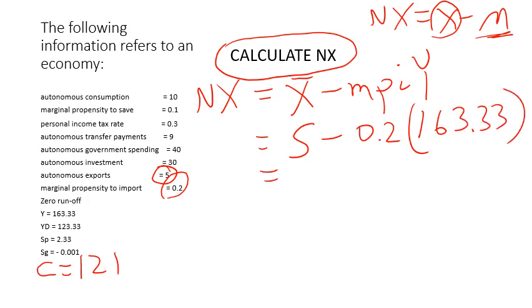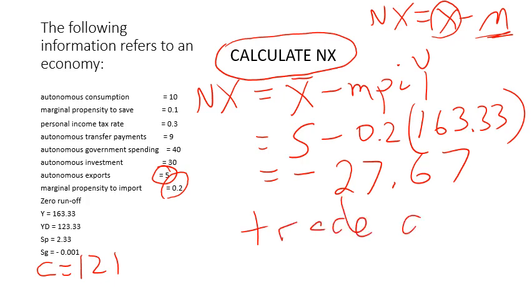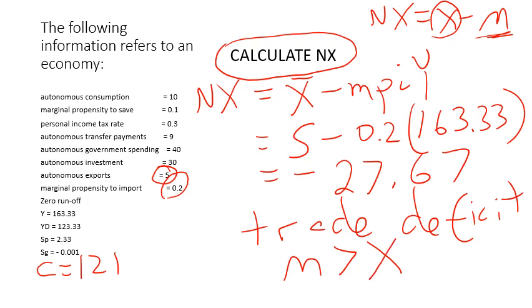And okay, so net exports are negative 27.67. Another approximation. All right. So what we have here is a trade deficit, meaning our imports are greater than our exports.